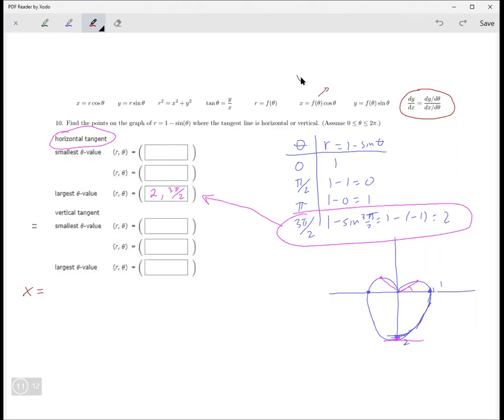So x is this, and y will be 1 minus sine theta. Wait, sine theta. So this is cosine theta minus sine theta cosine theta, and then y will be sine theta minus sine squared theta.